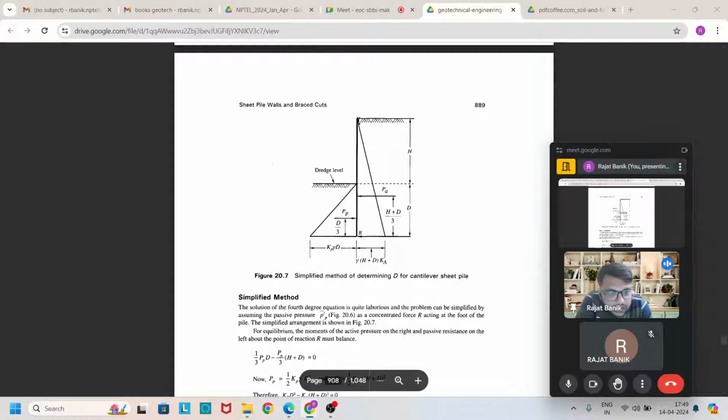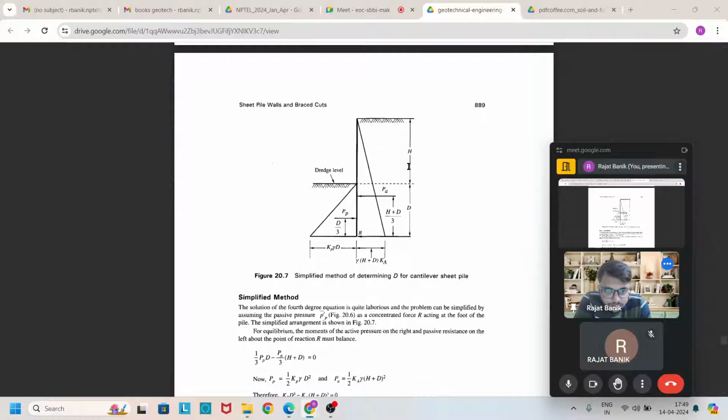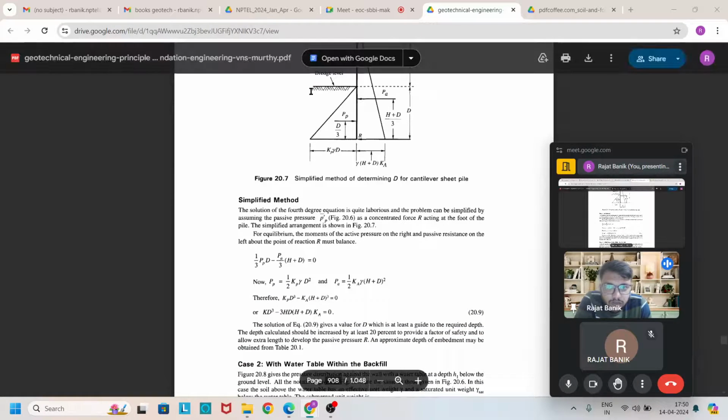We consider that the left side acts with only passive earth pressure, and the right side acts with only active earth pressure. Due to the distribution of this pressure, we also identify the location of the pressure force from the base of the foundation, and by this pressure diagram we easily find the depth D, which is measured from the dredge level.